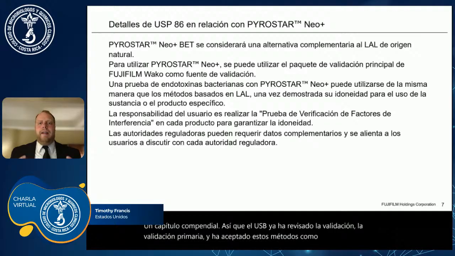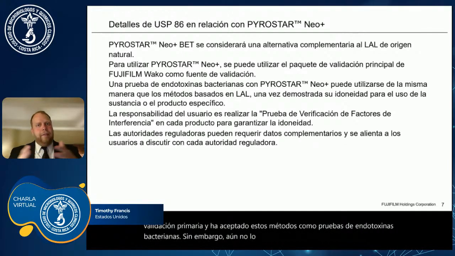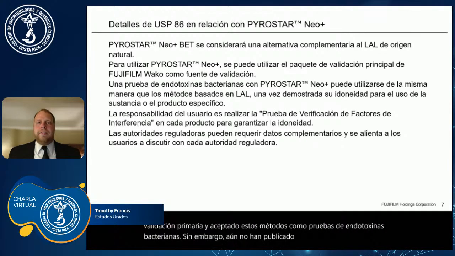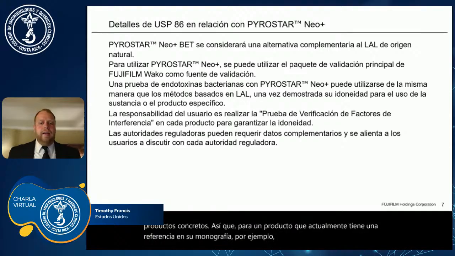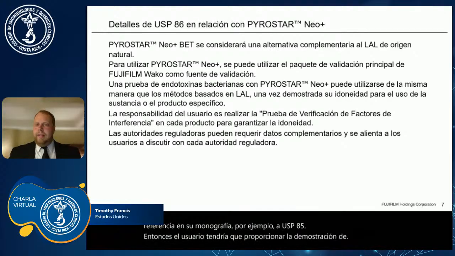However, they have not yet published specific monographs for specific products. So for a product that currently has a reference in its monograph to, for example, USP 85, then the user would have to provide the demonstration of USP 86 as an alternative to that.